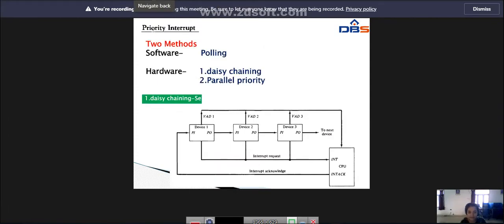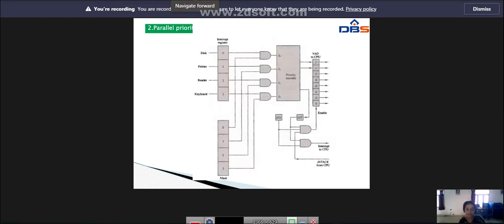So this is the parallel priority. What is meant by parallel priority interrupt? Next one is the parallel priority interrupt.